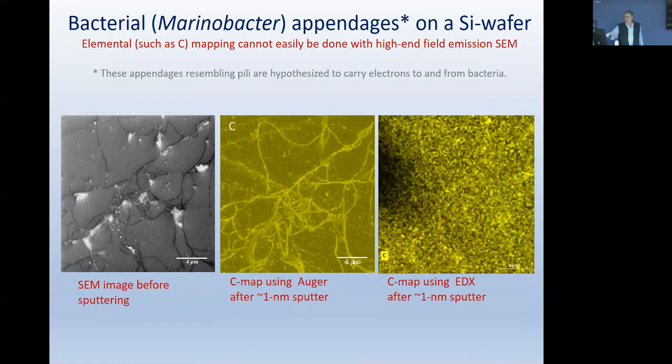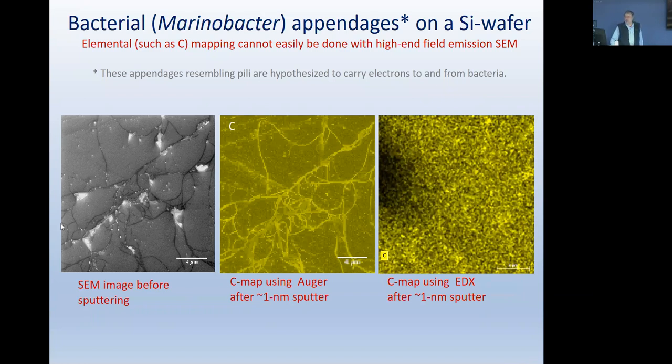And here's another example. Some people work with bacteria, and they have these appendages, pili-looking things. In this particular case, these are involved in electron transfer to and from bacteria for their metabolic activities. Our idea was, can we see what elements are there? It is probably proteinaceous, but we want to look at the elemental composition.